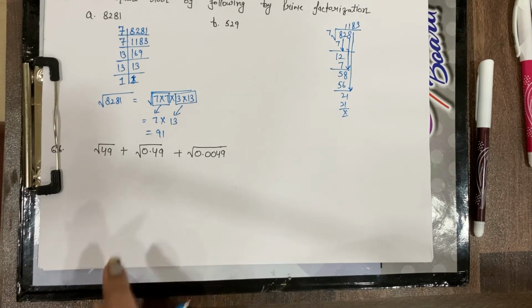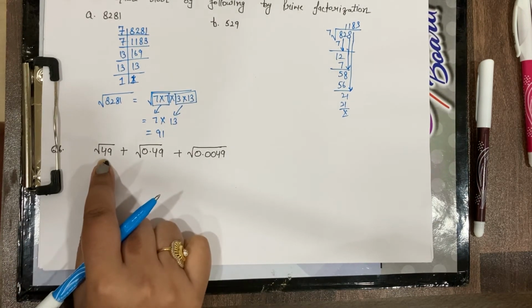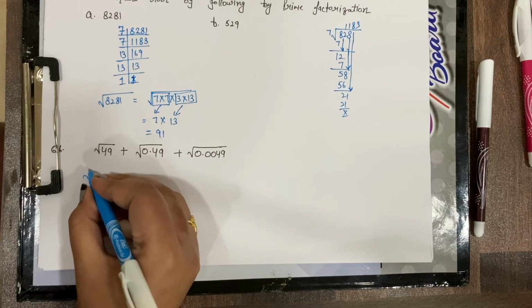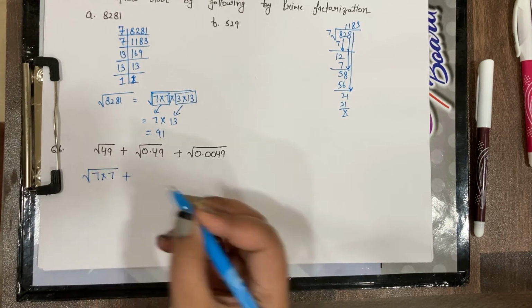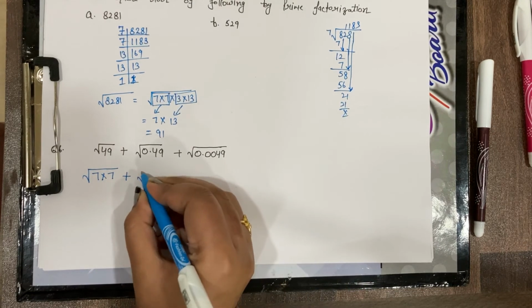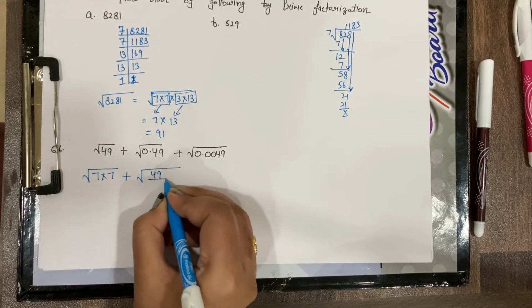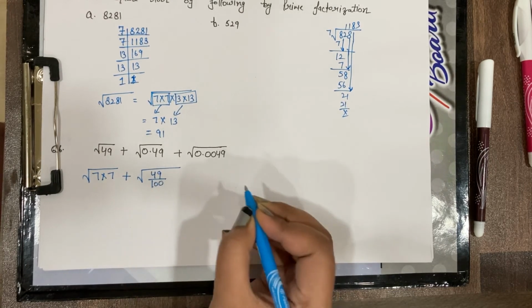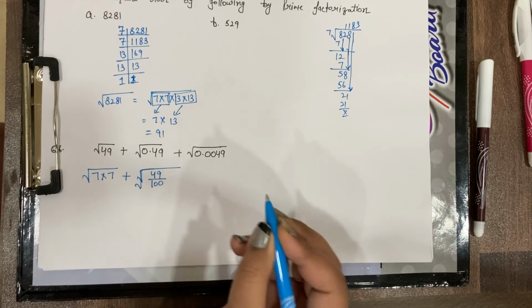Moving further, let us start this question. We have done earlier that the square root of 49 is 7, as 7 sevens are 49. So I can write it as 7 into 7. Now in the next, a decimal is there. Let us remove the decimal and keep it in the denominator. It will become 100. The square root should be here as well.